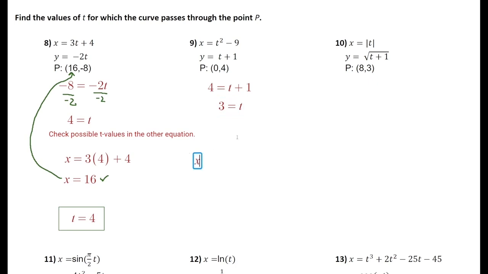The other equation is x equals 3 squared minus 9, and we're looking for it to become 0, and let's see if it does. 3 squared is 9, 9 minus 9 is 0. So that checks out. That's going to be our solution, the t value anyway, because we want this to be 0. So our solution, the time at which the object is at 0, 4, is at time equals 3.